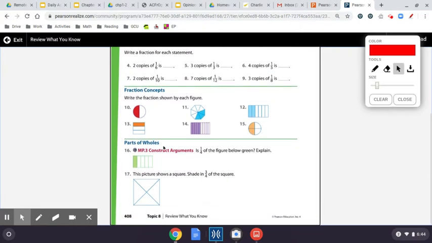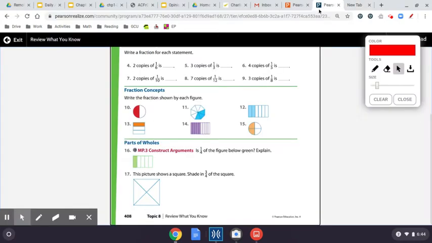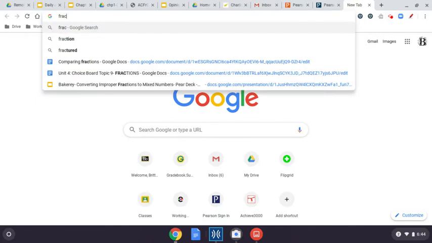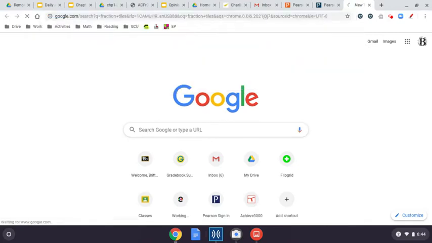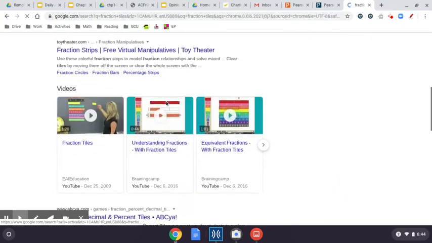So I want to review this because this is a little tricky. They want to know two copies of 1/6. If you have fraction tiles, you can actually use fraction tiles to help you here. You take out two copies or two pieces of 1/6. How much is that? Let me get my fraction tiles up here.